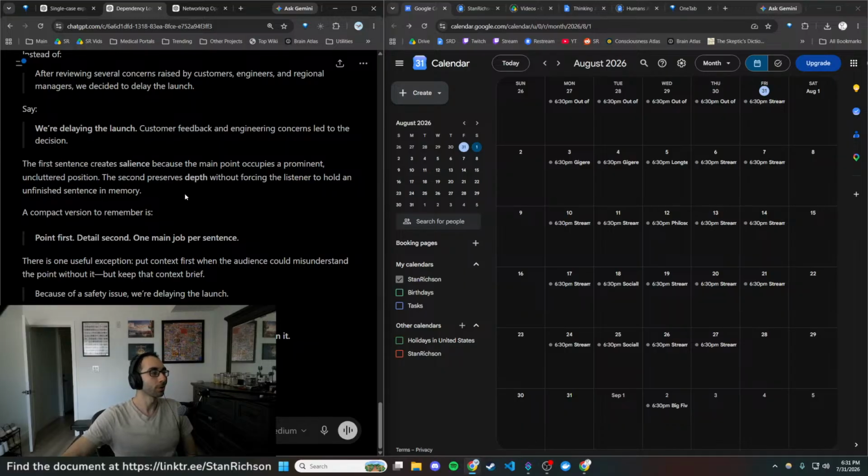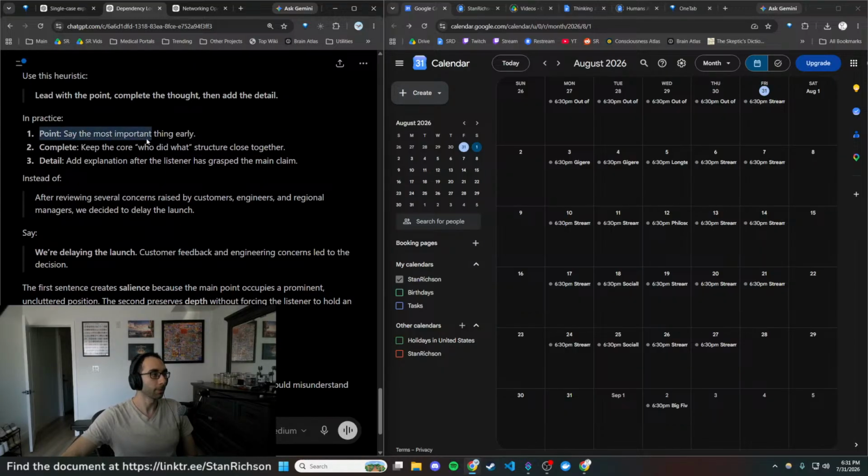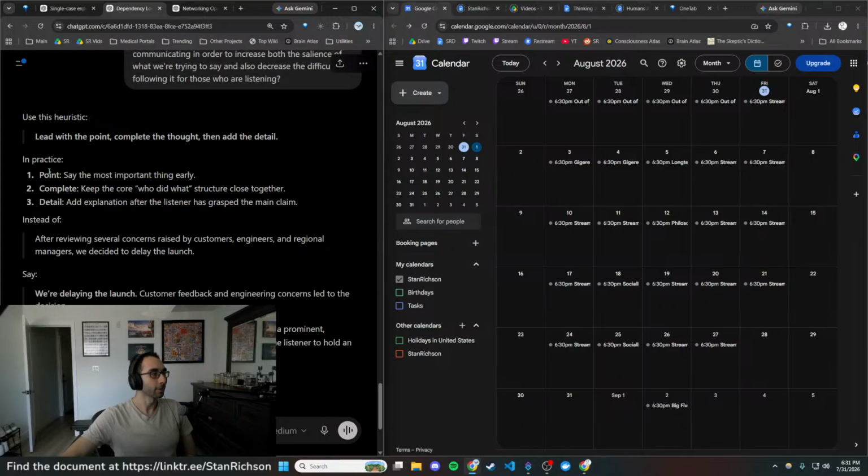The second preserves depth without forcing the listener to hold an unfinished sentence in memory. And another thing that would be beneficial about this type of heuristic, this type of practice, would be that you now have to figure out, on the spot, what is actually the salient point you're trying to make.